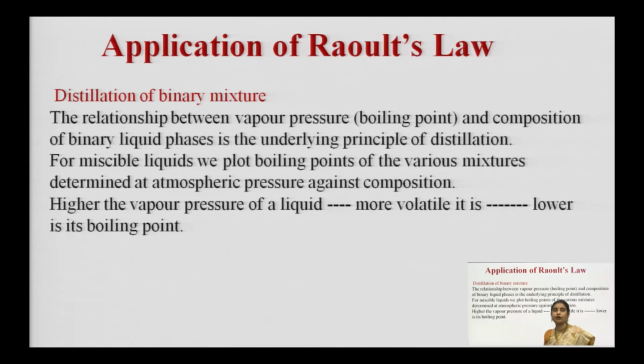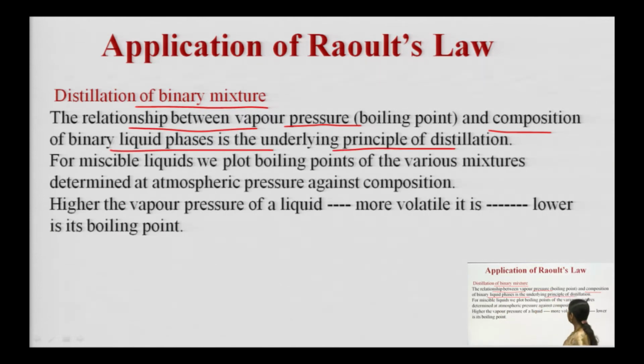Now, application of Raoult's law. When we discuss the application of Raoult's law, we start with distillation of a binary mixture. The relationship between the vapor pressure and the composition of the binary liquid phase is the underlying principle of distillation. For miscible liquids, we plot the boiling point of the various mixtures.